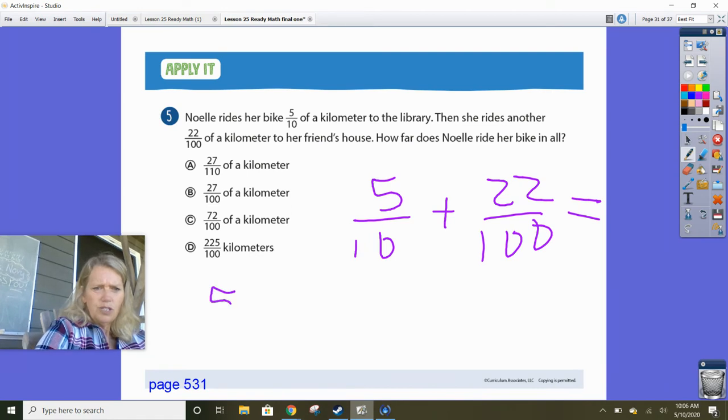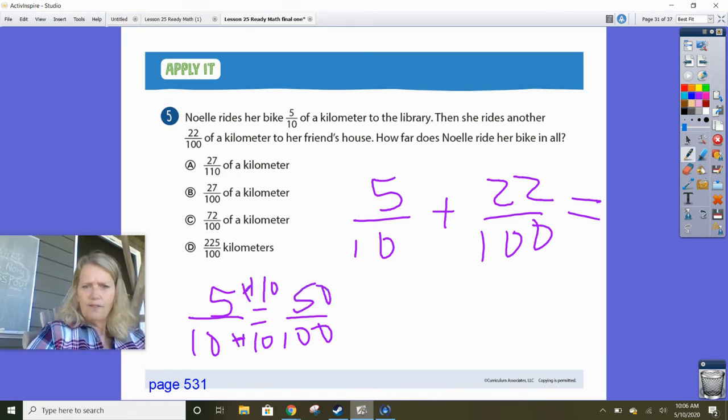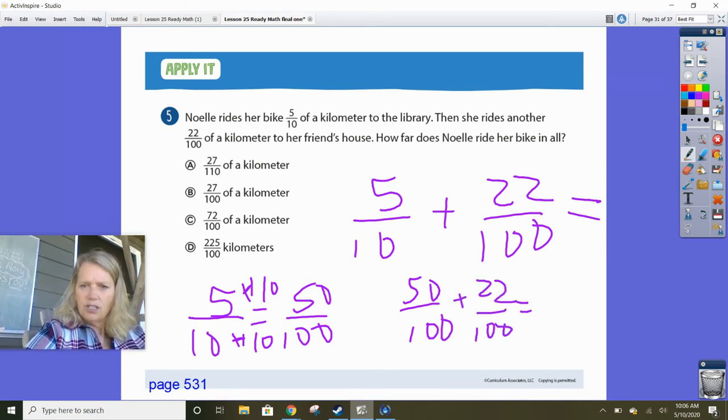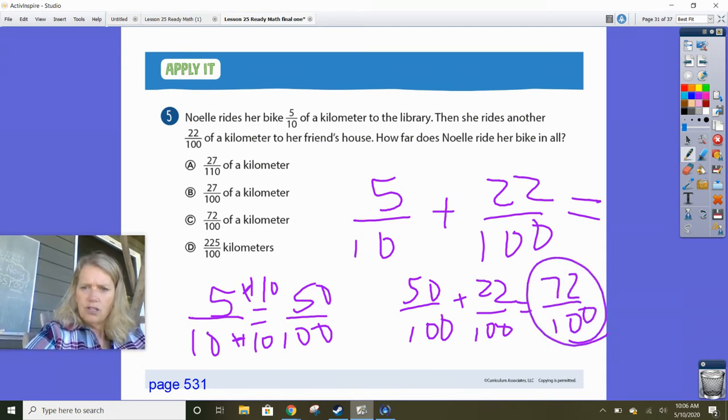Easiest to switch that 5/10 to hundredths. We just multiply the denominator by 10, multiply the numerator by 10, so we have 50/100ths. So this changes to 50/100ths plus 22/100ths, which is going to be 50 plus 20 is 72/100ths, because the denominator stays the same, of a kilometer.